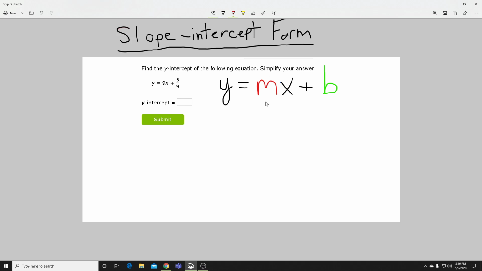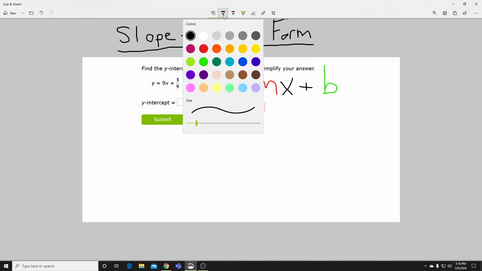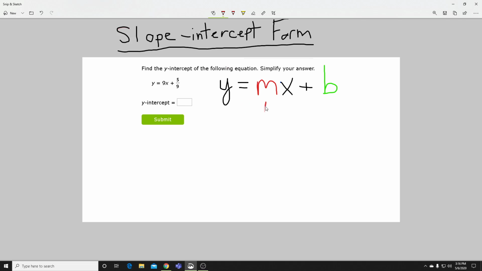So m is going to represent our slope here. And remember, slope is this idea, this constant of proportionality that we've been talking about. I'm not going to write all that out, but we called that k, right?